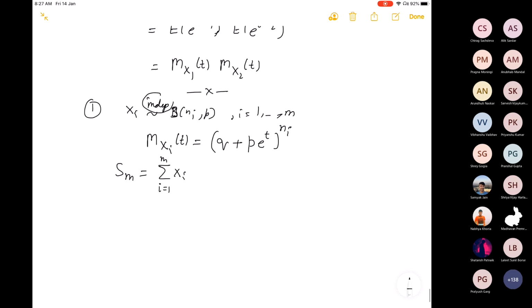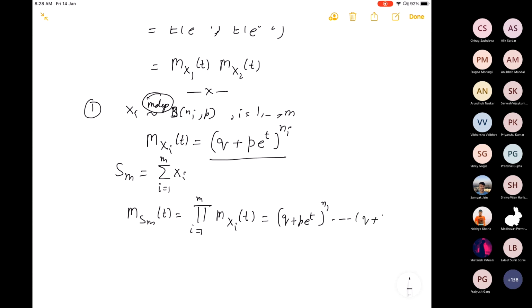Because they are independent also, the moment generating function of this will be the product of their moment generating functions. So (q plus p e raised to power t) raised to power n1 into (q plus p e raised to power t) raised to power nm.